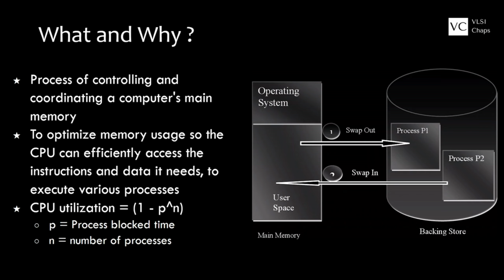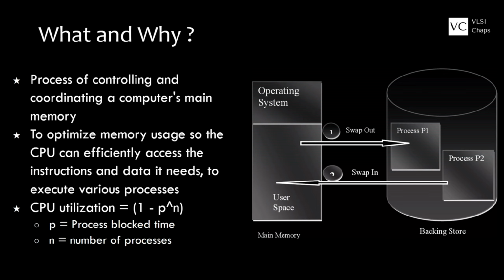It must have some idle time. If I use this formula, the number of processes n is 1 here and the process idle time is 50%, which is 0.5. So CPU utilization will be 1 minus 0.5 equals 0.5, which is 50%.